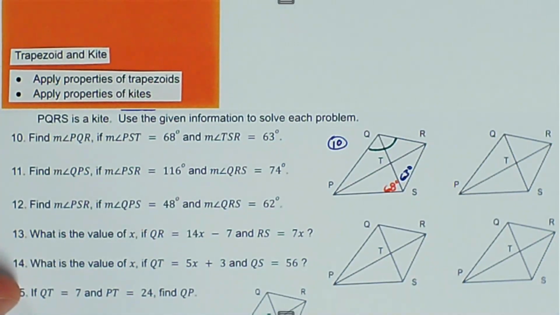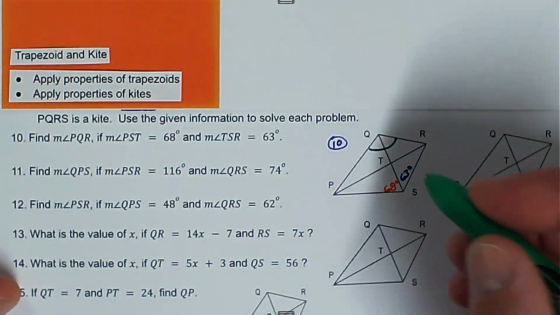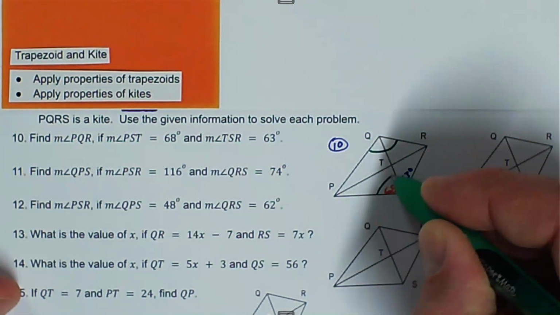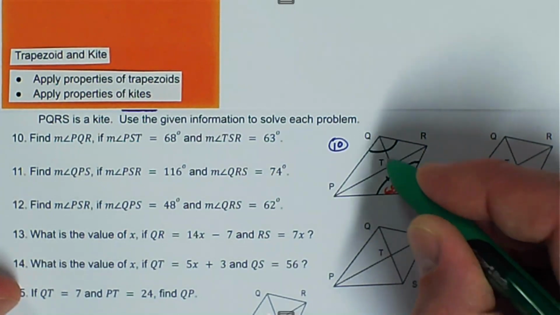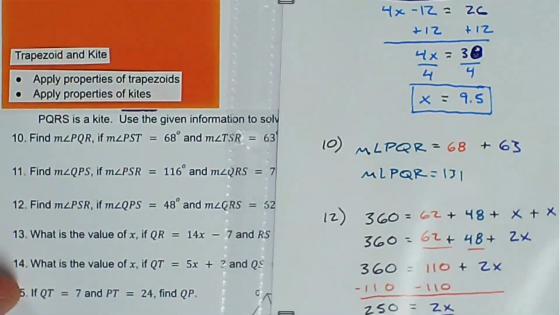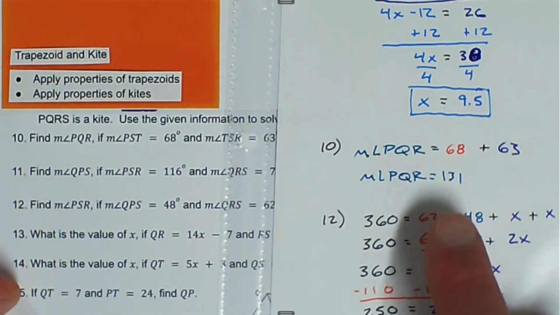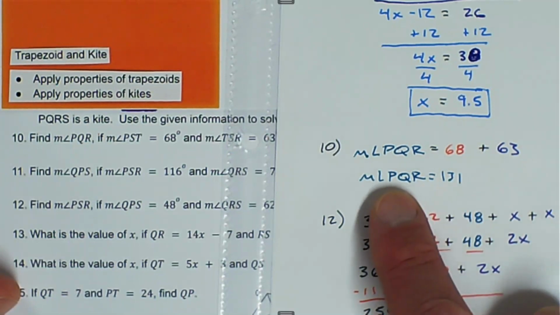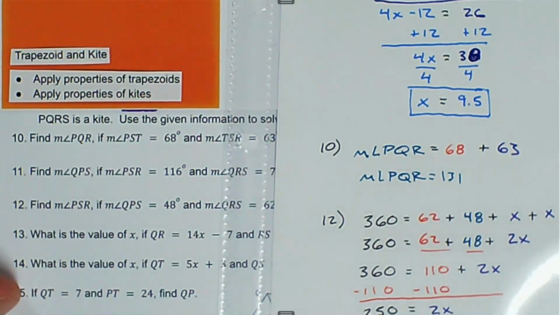So in this case, we know that kites have one pair of opposite angles that are congruent, and this is that congruent angle right here. So all we have to do is say that PQR is equal to those two angles added together. So for number 10, we can just say PQR is equal to 68 plus 63. So the measure of angle PQR is equal to 131 degrees.